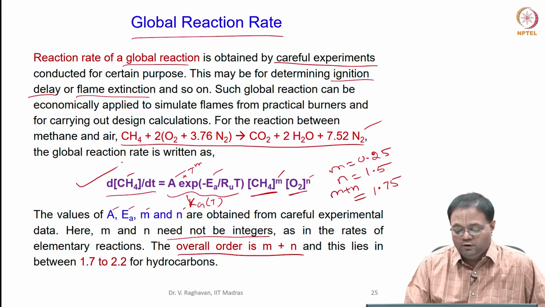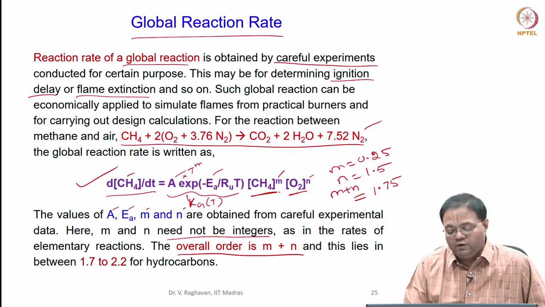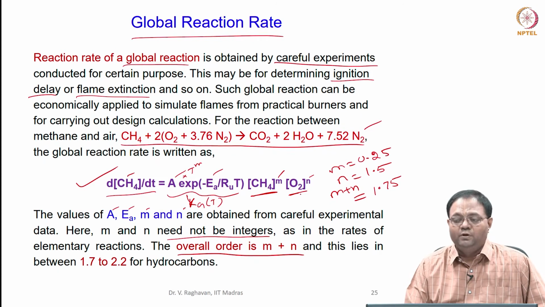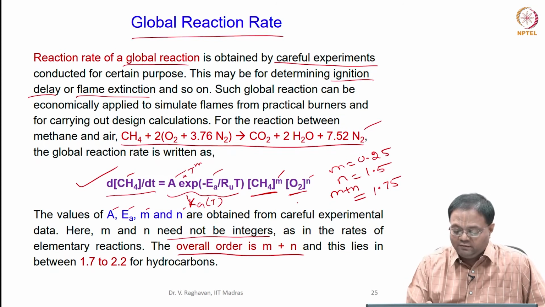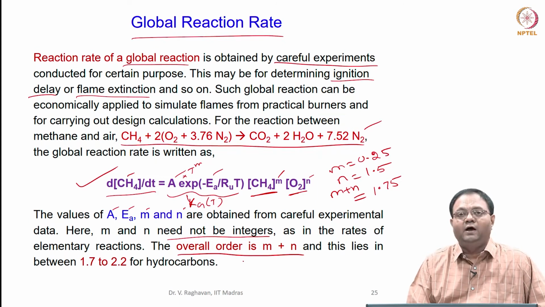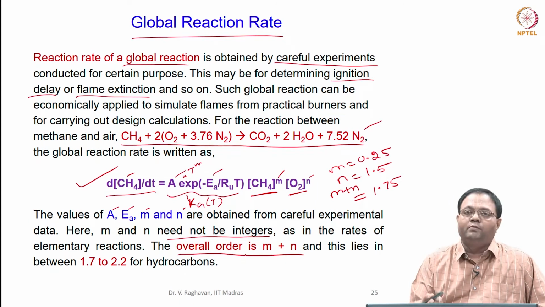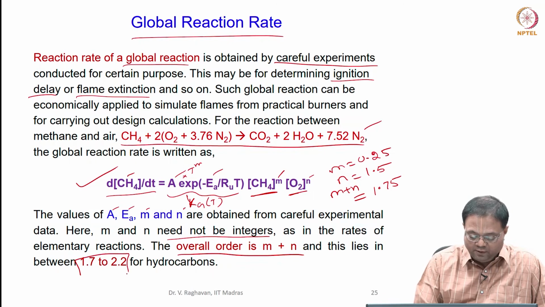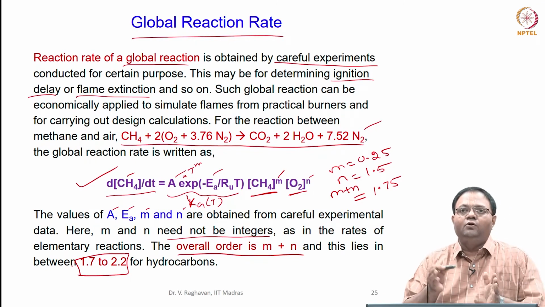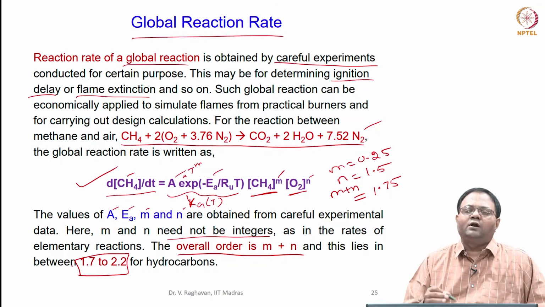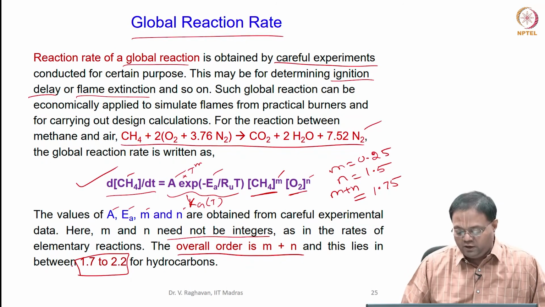The powers of the concentrations of the reactants, when added up, give the order. In this case m plus n is the overall order of the reaction, and for hydrocarbon fuels m plus n lies between 1.7 and 2.2, again indicating that these are second order reactions.